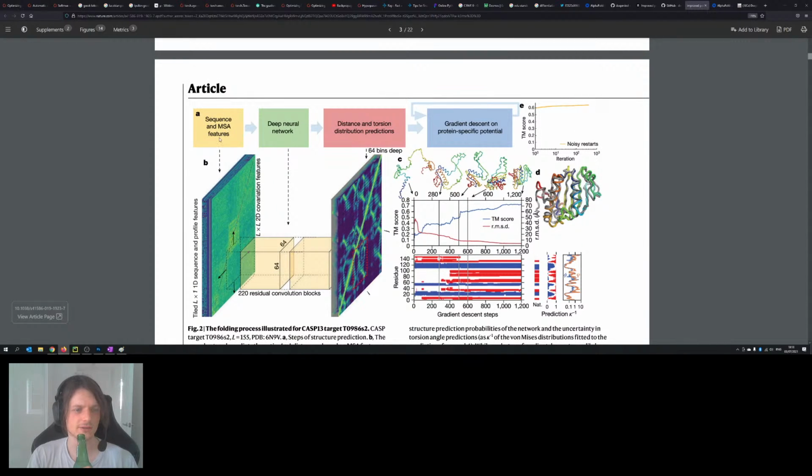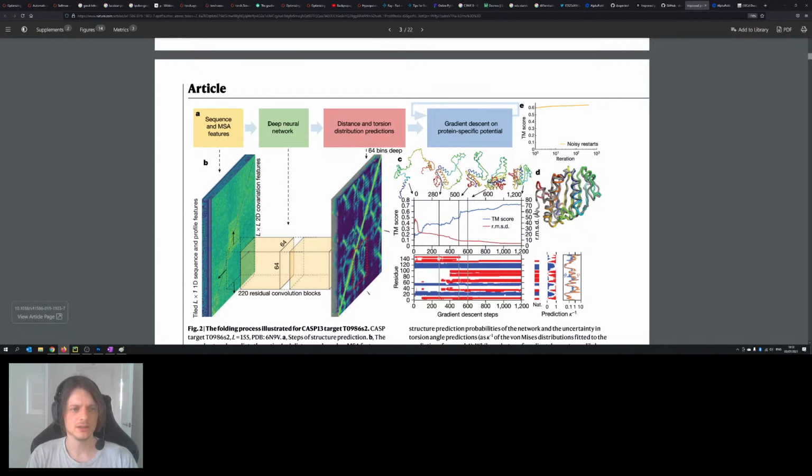Sequence and MSA features. Tiled L by 1. 1D sequence and profile features. One-dimensional sequence and profile features.